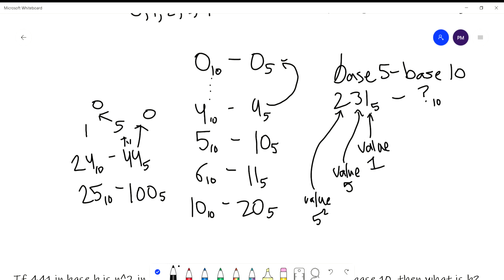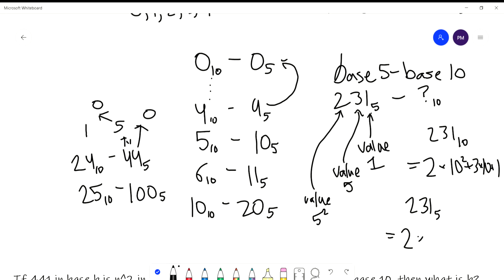So say this number 231 is in base 10. Then we can write it as 2 times 10 squared plus 3 times 10 plus 1. It's the same thing for this as well, except a different subscript. So it's 2 times 5 squared plus 3 times 5 plus 1 times 1.